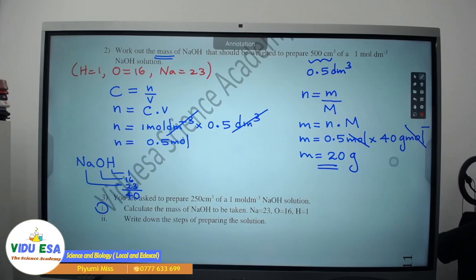Have you all finished? Yes, Akshaya, finished? Adisha, what's the answer? 10 grams.